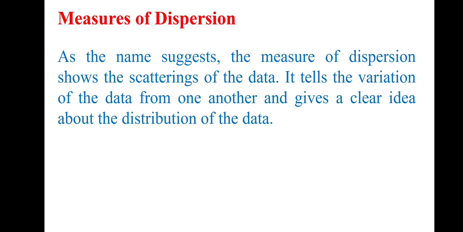In that group there will be a maximum value, a minimum value, a middle value or other values contained in the same kind. It tells the variation of the data from one another and gives a clear idea about the distribution of the data. That is called measures of dispersion.